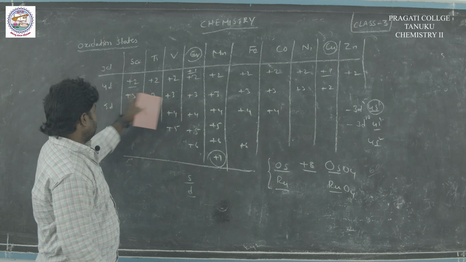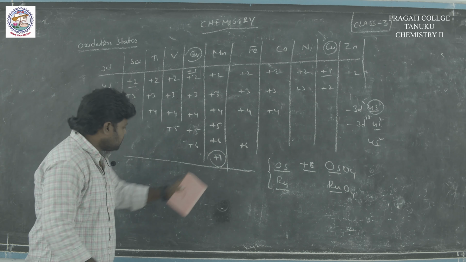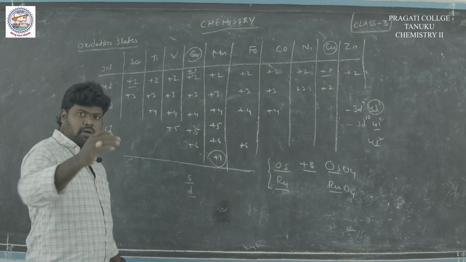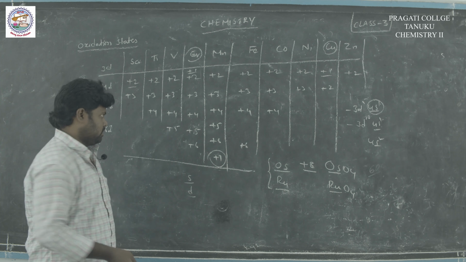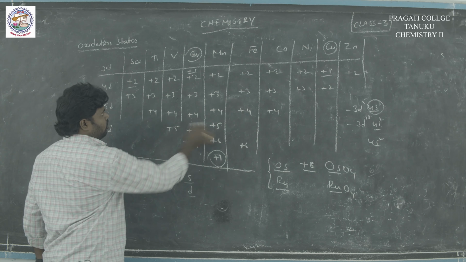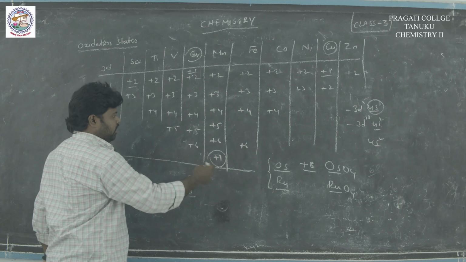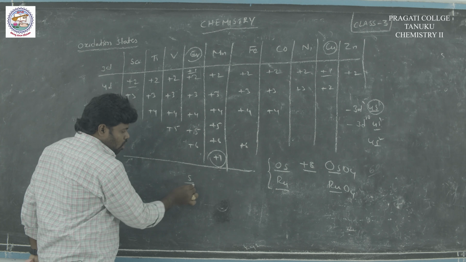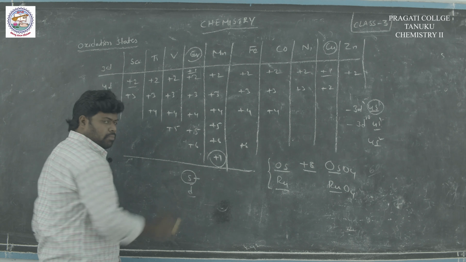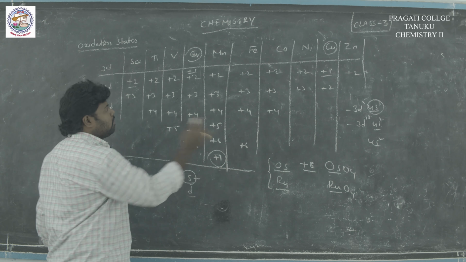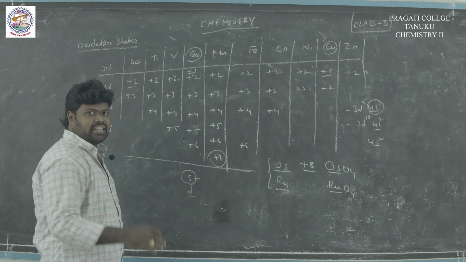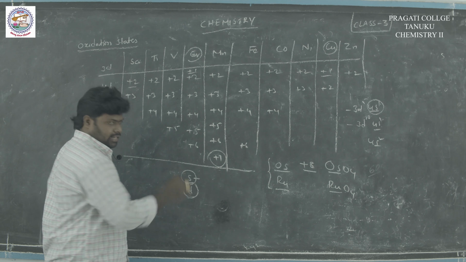Previously we discussed that for half of the elements, up to manganese with up to 5 d electrons, the minimum oxidation state is equal to the number of s electrons and the maximum oxidation state is equal to the number of d electrons.